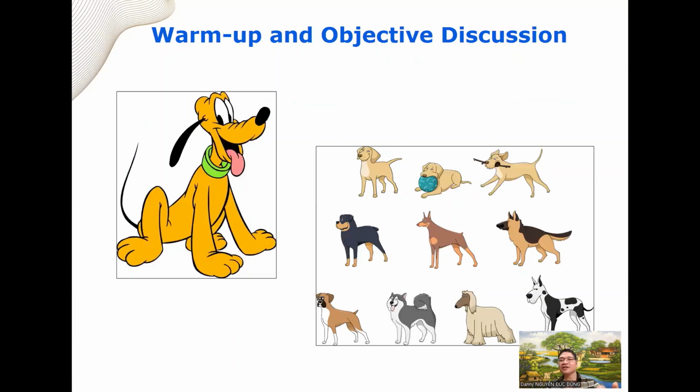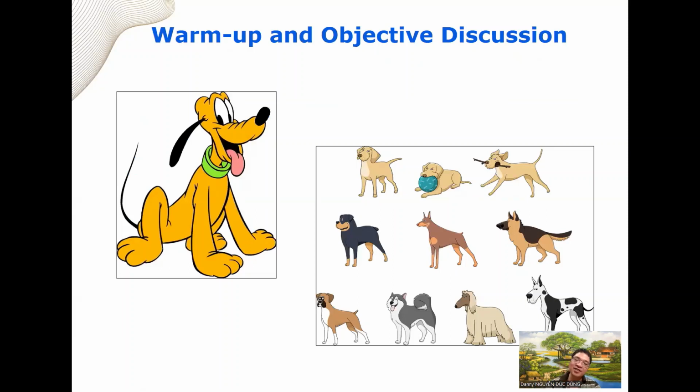Let's go. What do you see here? Yeah, the picture on the left. What is his name? Correct, Pluto. It is Pluto the dog in the Walt Disney series. And how about the picture on the right? Yeah, there are many dogs and many breeds of dogs.